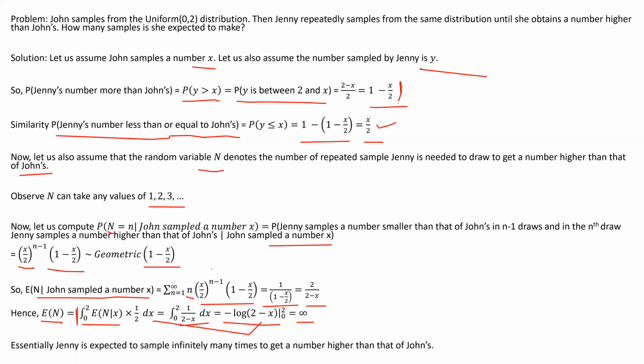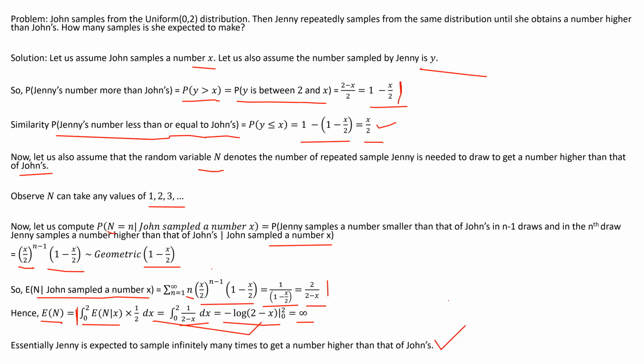This makes the success, that JEE gets a number which is more than John's, very rare. To get that number, the expected number of draws she has to do is 2 by 2 minus x, which is essentially a very large number. And this large number makes this expectation go very, very high. That's why we finally get an answer that JEE has to sample infinitely many times to get a number which is larger than that of John's.